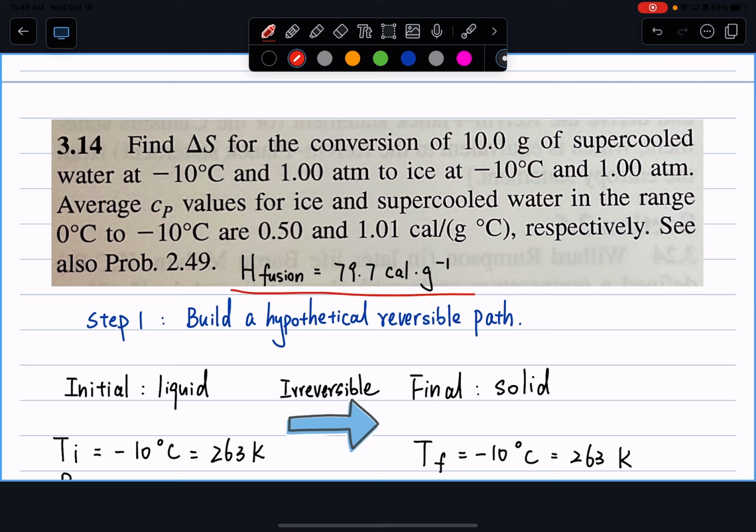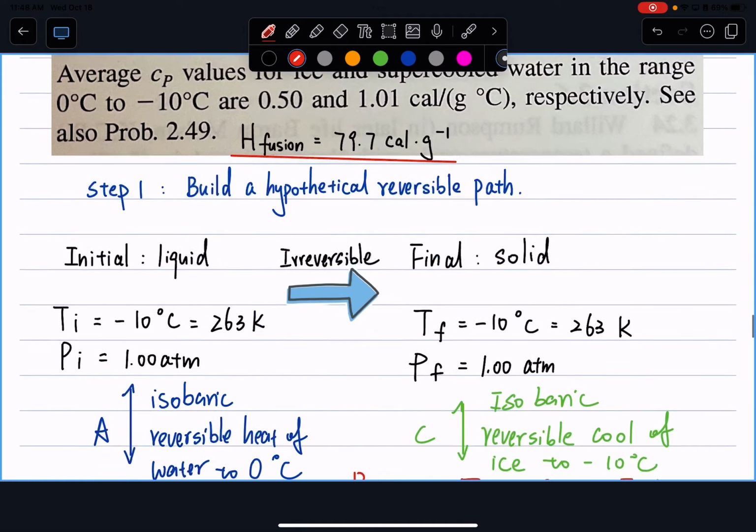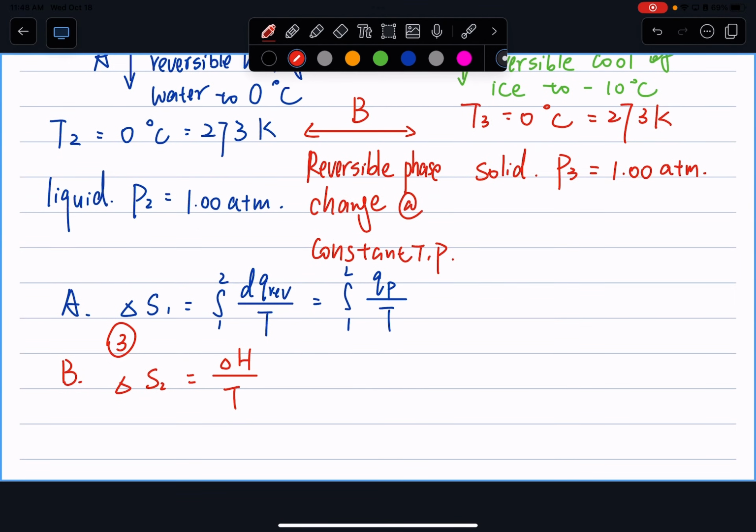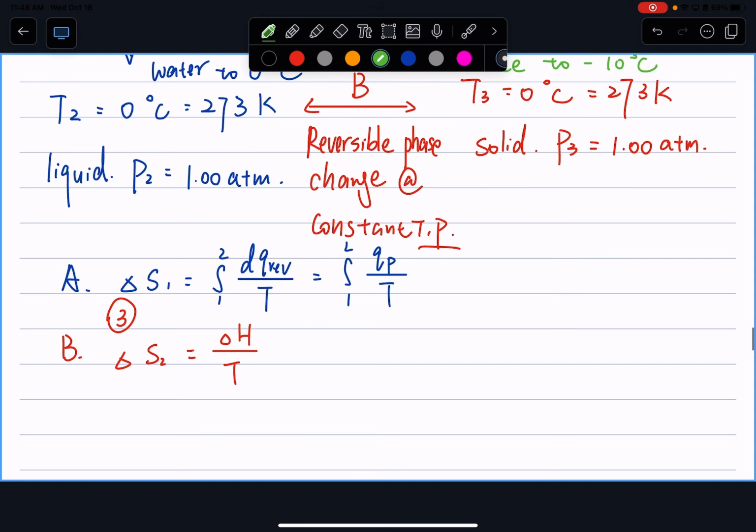I'll give you the heat of fusion in this problem, and you get an idea about what that heat of fusion is for this process. And you can calculate the delta H at the same temperature. Plug in delta H and T, you get the delta S for the second process. And C is effectively the same as A. You're just plugging in different numbers for that process.